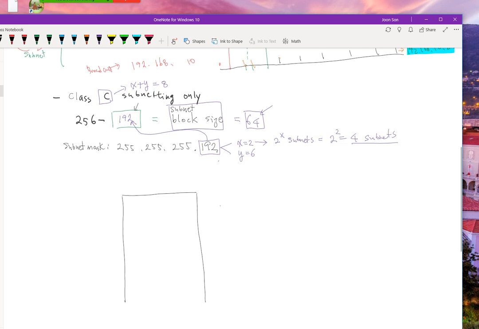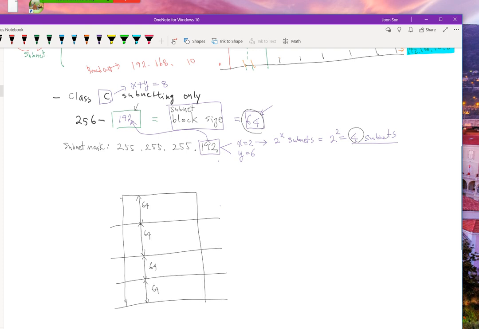We know that there are 4 subnets: 1, 2, 3, and 4. Each subnet block size is 64, so this block size is 64, and this one is 64, and this one is 64, and this one is 64.